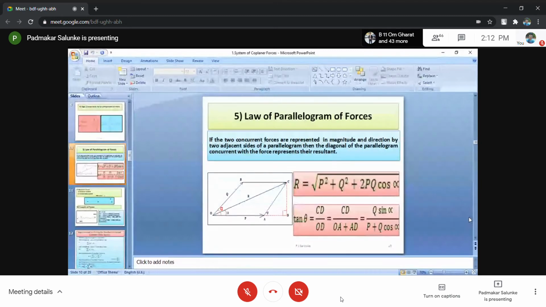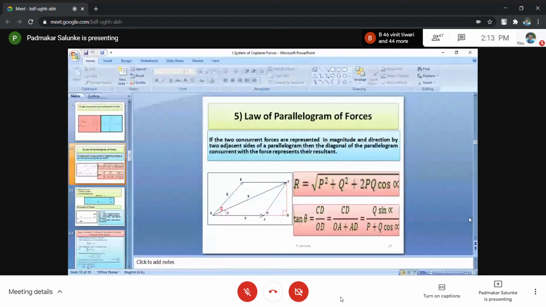This is one of the famous laws, and I think we have already discussed it. In this law, the diagonal OC is represented by length R, the resultant, and the adjacent sides OA and OB are represented by the component forces P and Q.